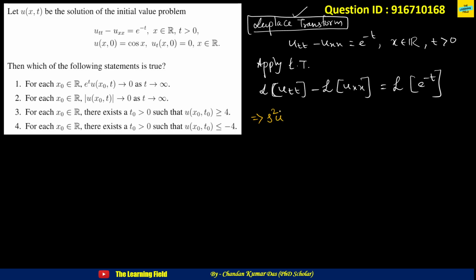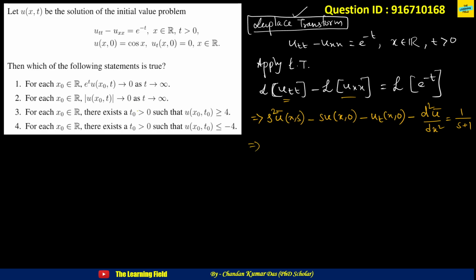Then we get s square u bar(x,s) minus s u(x,0) minus u_t(x,0), minus d2 u bar over dx square, because we applied the Laplace transform on the variable t, so this is only simple differentiation. This is equal to 1 by s plus 1. So this is the Laplace transform.